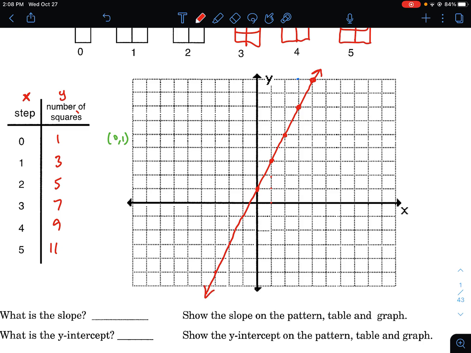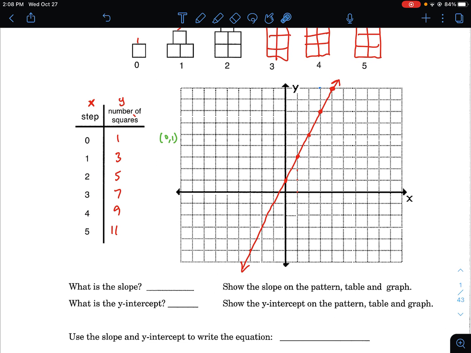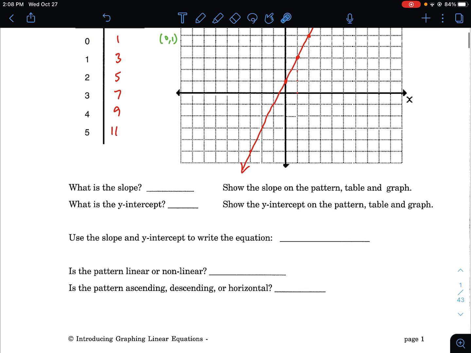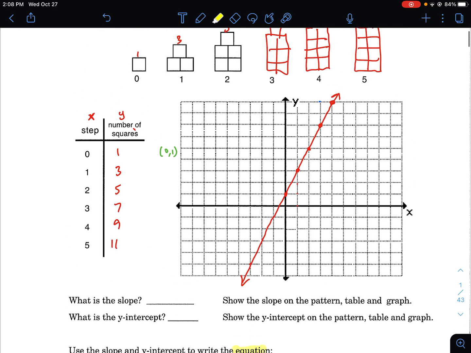You're not just going to start right here and go to the right, you're going to go to the left as well. So this is what our graph looks like. This is a graph of our changing pattern. This is the table that represents our changing pattern. We are also going to figure out an equation that represents our changing pattern.